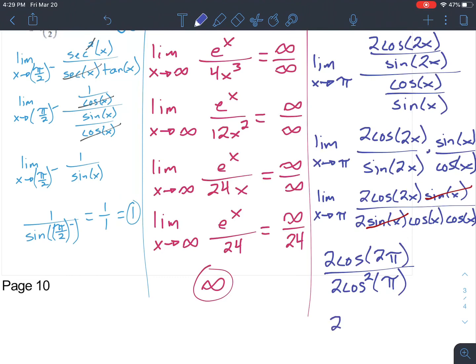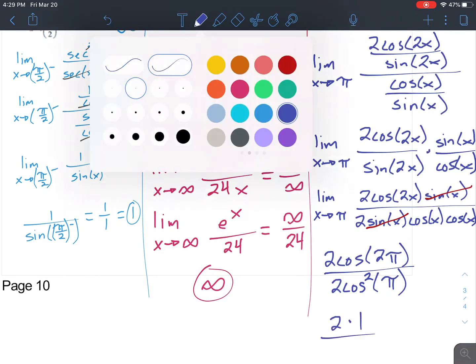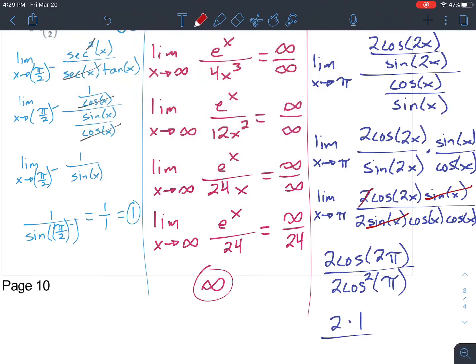Up on the top, that becomes 2 times 1. On the bottom, oh, I'm sorry, I should have canceled these 2's. Let's get rid of both of those. Let's just have 1 on top. And then on the bottom, that is going to become negative 1 quantity squared. And finally, we have our answer, which is positive 1.